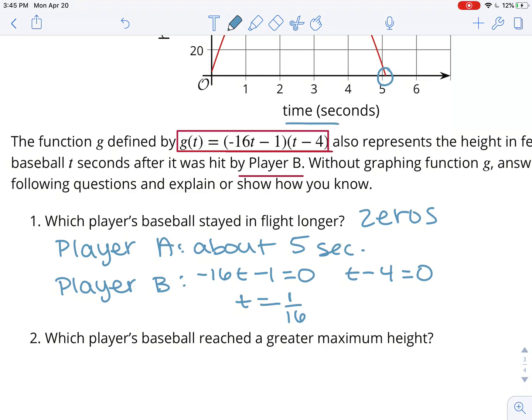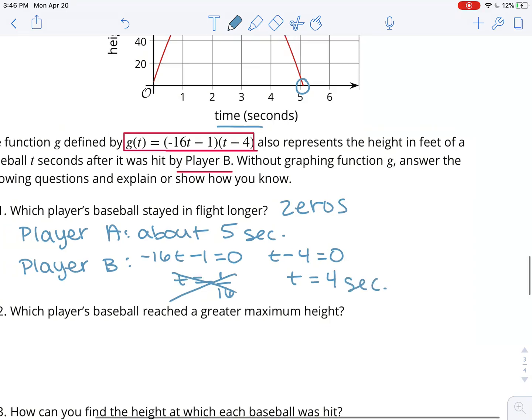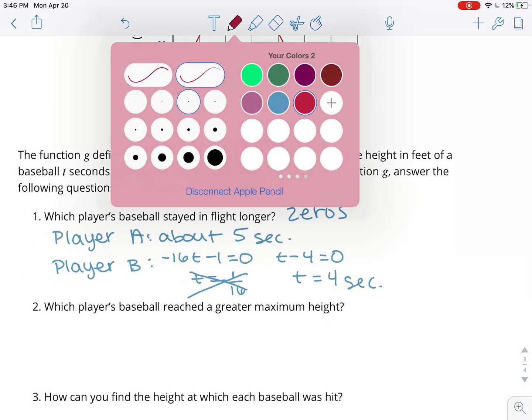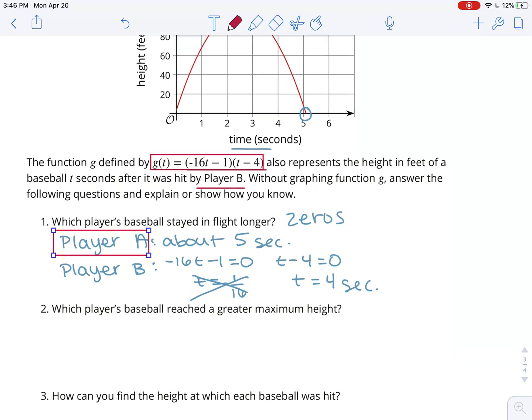In this case we don't want a negative time, so that's not meaningful. But my second one is t equals 4. That means player B's baseball stayed in flight for about 4 seconds before it hit the ground, and player A's stayed in flight for a little over 5 seconds. And so in this case, player A's baseball is going to stay in flight longer.